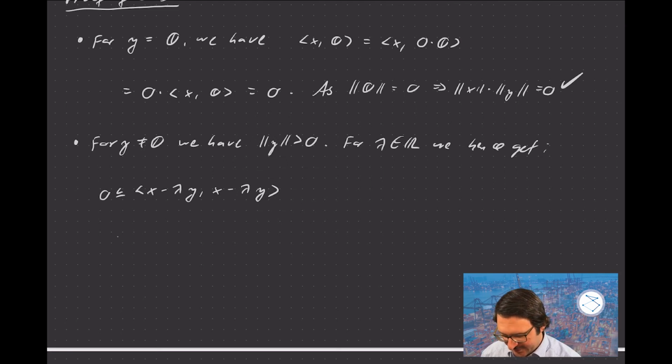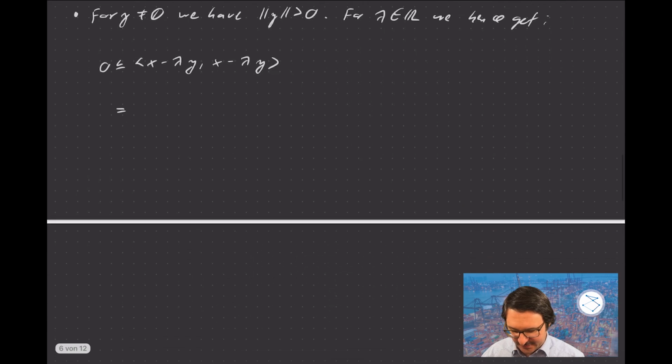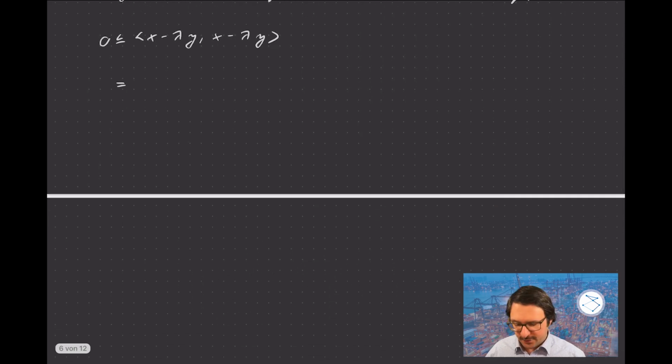Now we can use the second property, the bilinearity property, and decompose that. Let's first apply linearity to the first component. So that means we'll keep that second component fixed, and we'll apply linearity here.